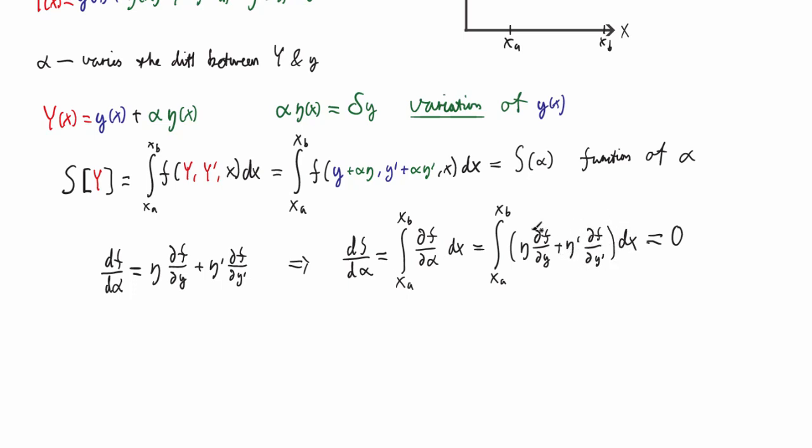So we're going to take the second term of this integral, and we're going to integrate by parts. So we have the integral from xa to xb of eta prime times the partial of f with respect to y prime dx.